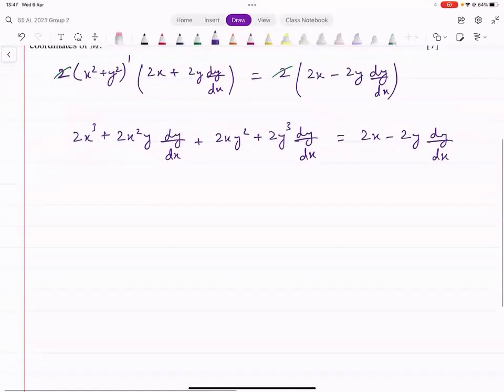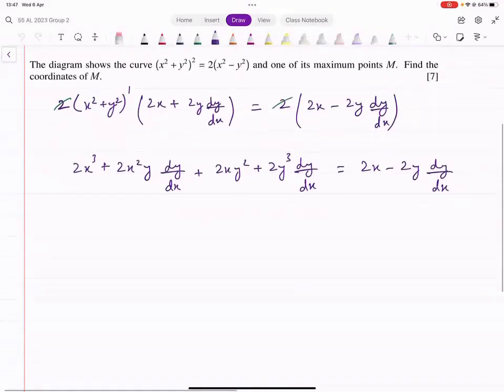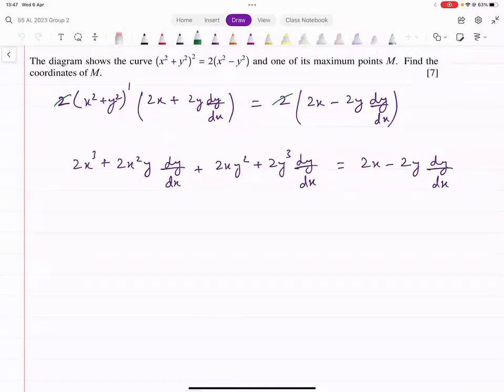Is this okay? Any problems with this? Now, since we're looking for the derivative, dy over dx हमें चाहिए, उसको subject बनाना है. तो dy over dx वाली terms को इकट्ठा लिख लें. We have 2x square y plus 2y cube from these two terms.